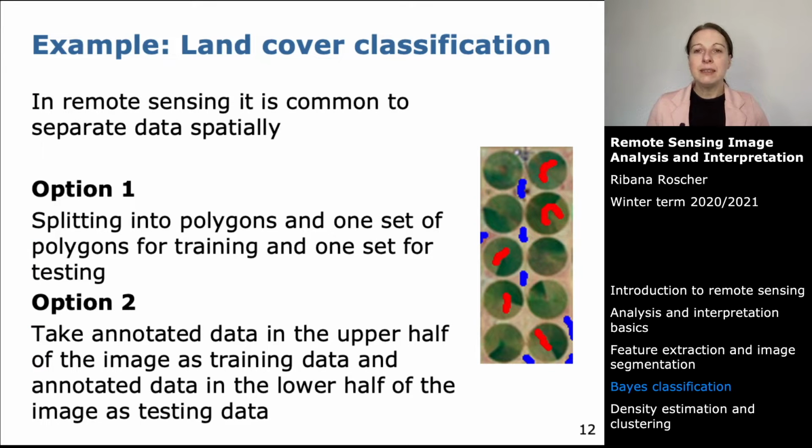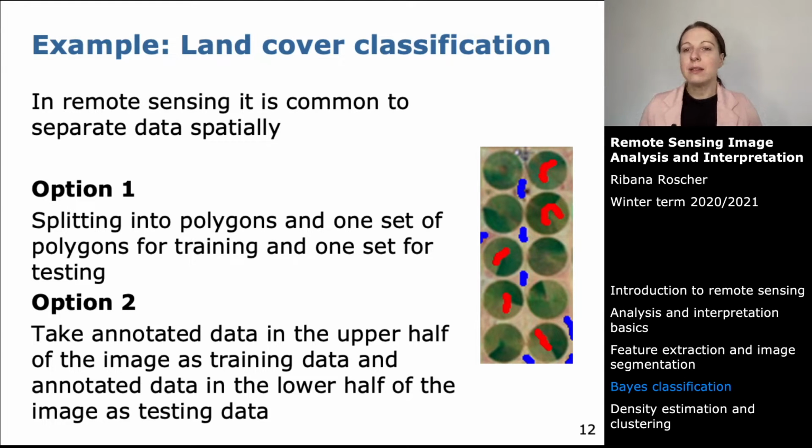And in remote sensing, it's common to separate the data spatially. So this is what I mean when I talk about needing a proper splitting of the training and testing set, so that in the end your evaluation actually reflects how good your model is. And I want to name two options. There are of course more, but two options that show how you can split the data so that you have a spatially disjoint training and testing set.